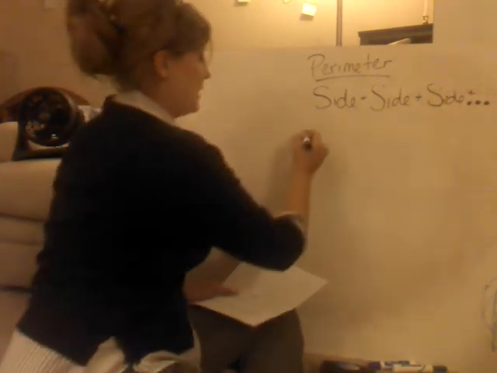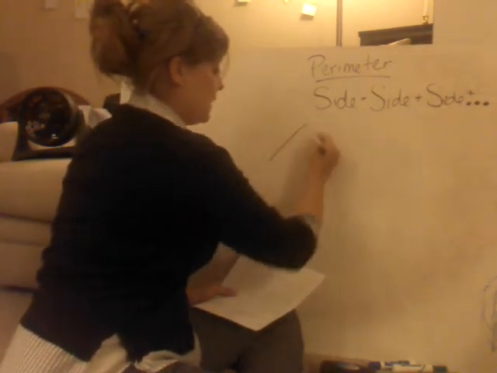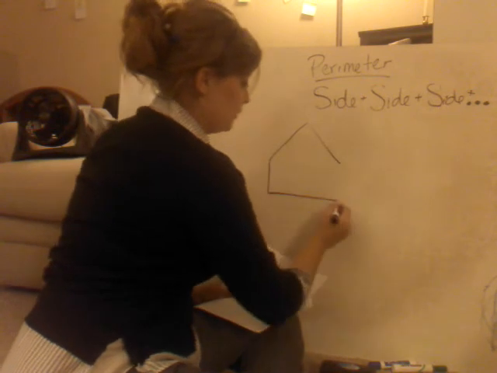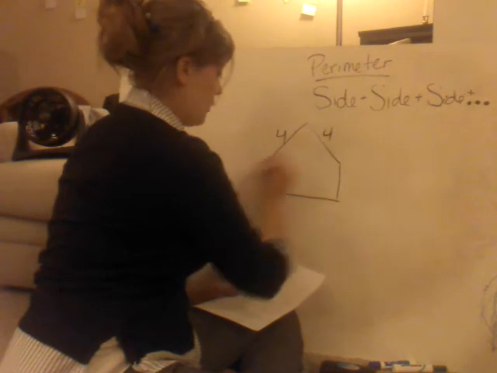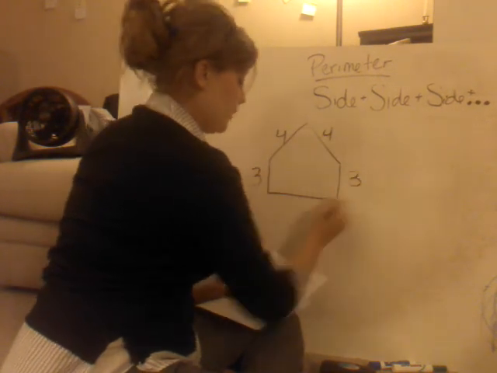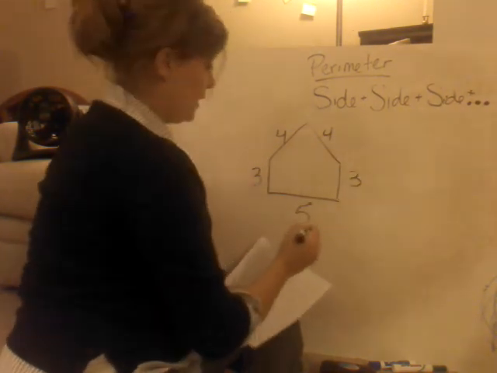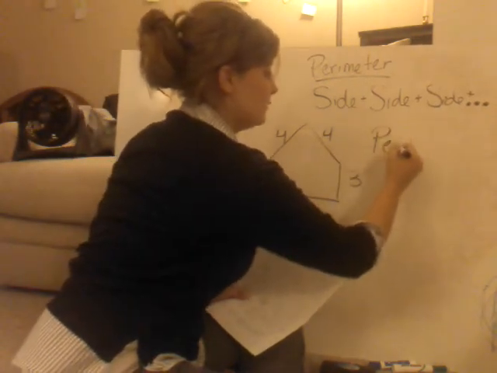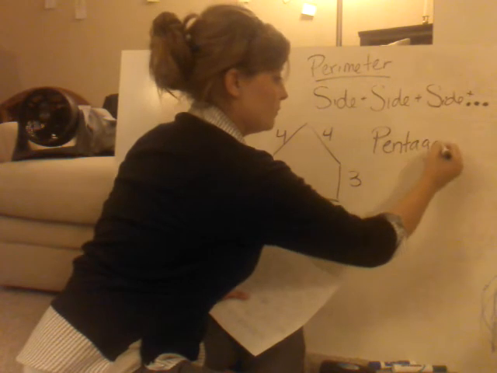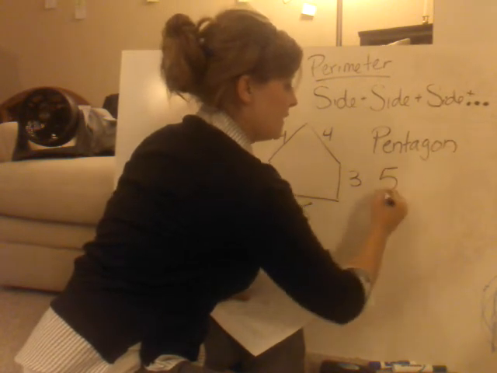Next up is a pentagon. So it has 5 sides. Looks like a little house. I've got 4 and 4, 3 and 3 and 5. I still just add up my sides. So this is a pentagon, meaning it has 5 sides.